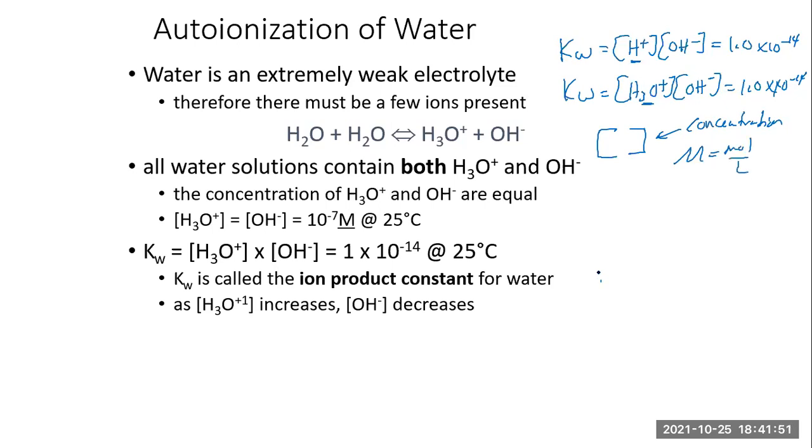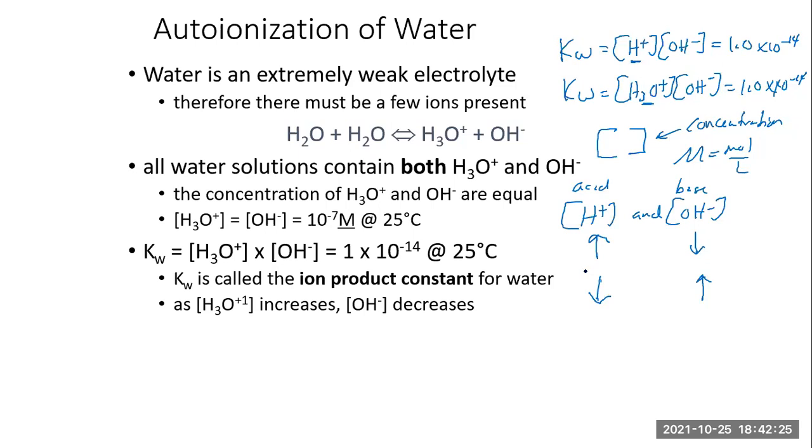There is a relationship between H plus and OH minus, and it's an opposite relationship, which means as the concentration of H plus increases, the concentration of OH minus goes down, kind of the acid part of the solution and the base part of the solution. And vice versa, if the H plus concentration goes down, the OH minus concentration goes up.